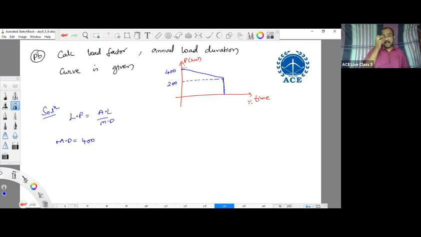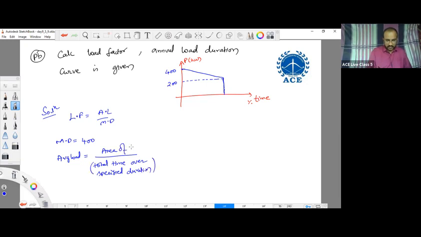Now how do you calculate the average load? Average load is the area under the load curve divided by the total time over the specified duration.